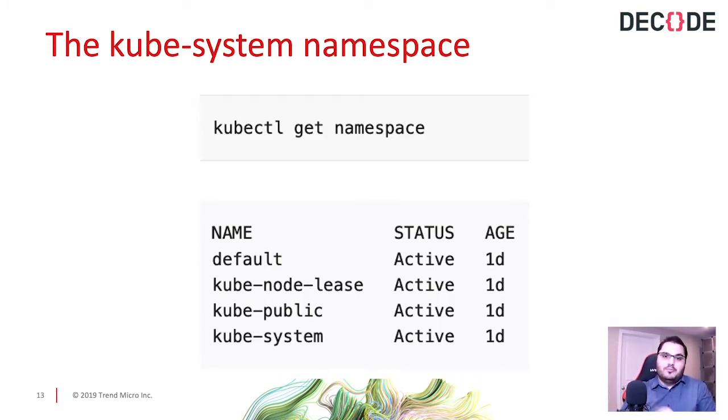That's a very important thing to know, because if someone has access to those pods or to that namespace, they can basically compromise your whole cluster, right? The other namespaces are just there by default. If you create objects and don't specify a namespace, they'll be created in the default namespace. And that's about it for the namespaces.